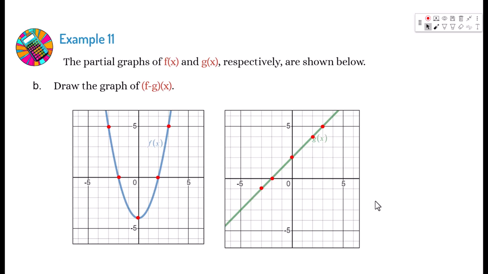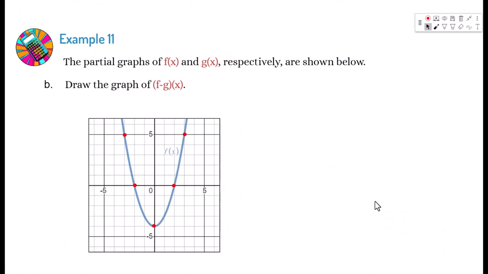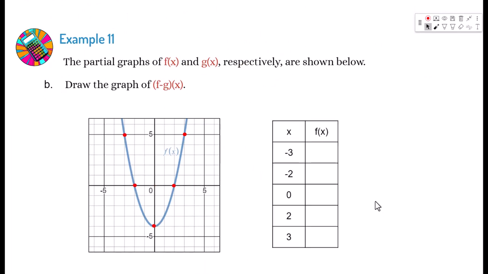Well, why do I want to do that? Because I'm going to be creating a table of values. So I take those ordered pairs and I put them into a chart. When x equals -3, we got f of x equals 5, sorry. When x equals -2, we got 0, -4, 0, and 5.